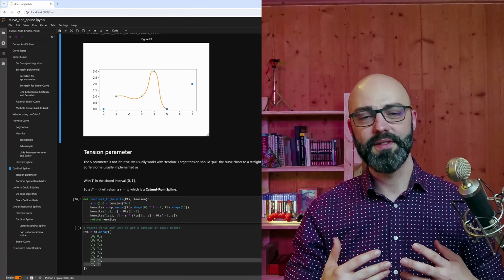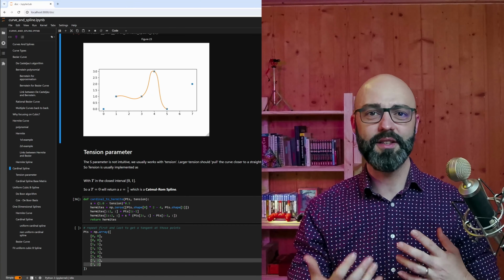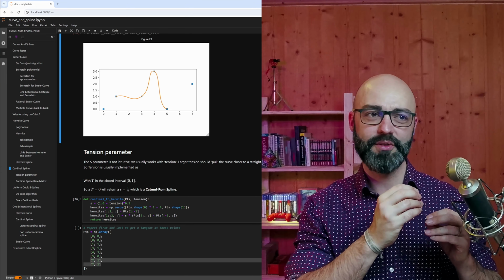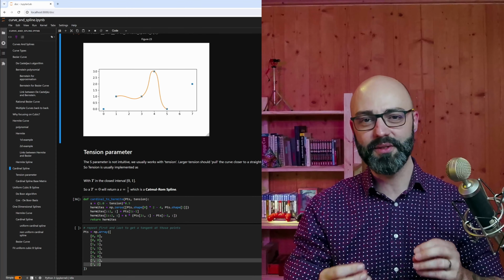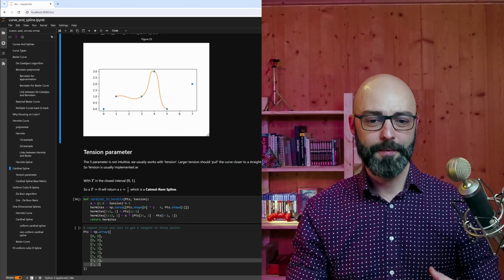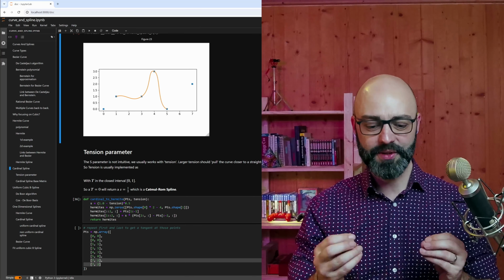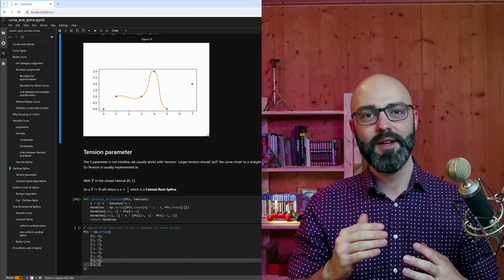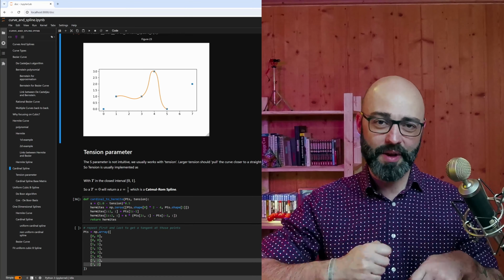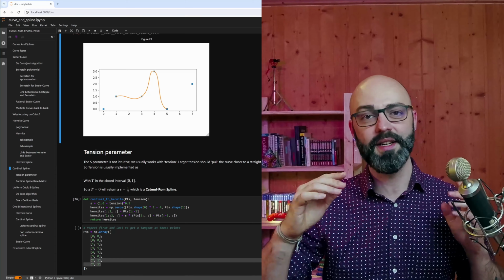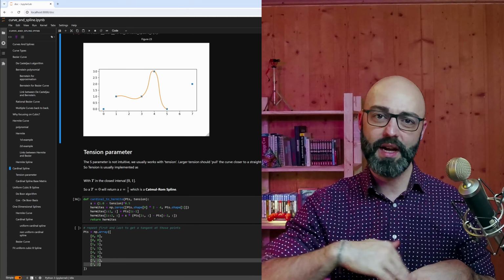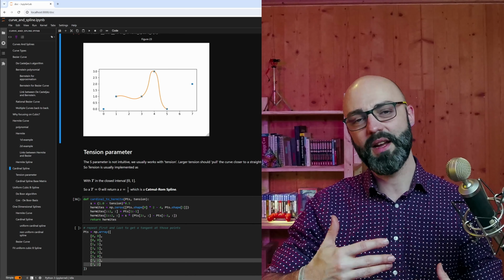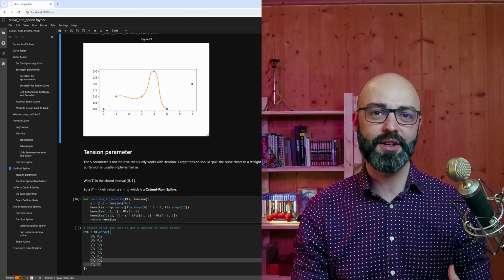The tension parameter makes more sense in the physical world, because imagine you were trying to draw a spline using rope and paper. What you will have to think about is that the tension you put inside your string will decide what type of curve you're drawing. If you put really high tension, you basically have a line, and if you let it completely loose, you will have a nice curve. So we tend to use tension because it's clearer to use as a concept.